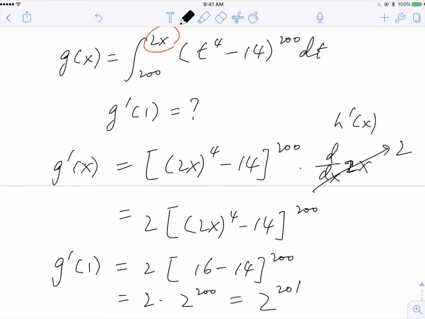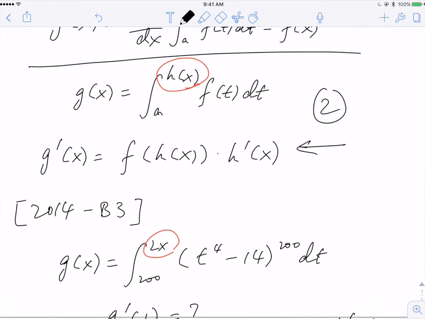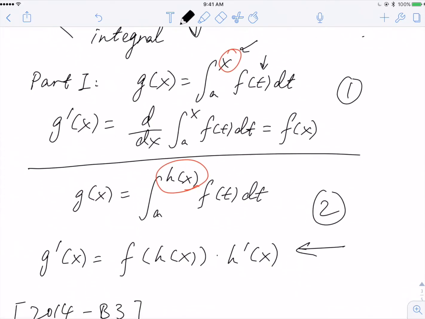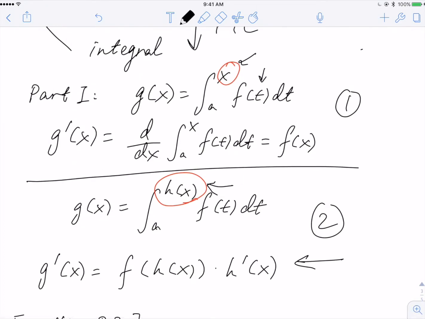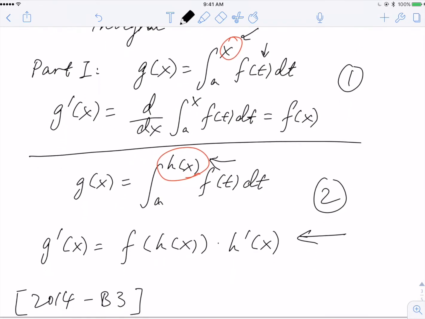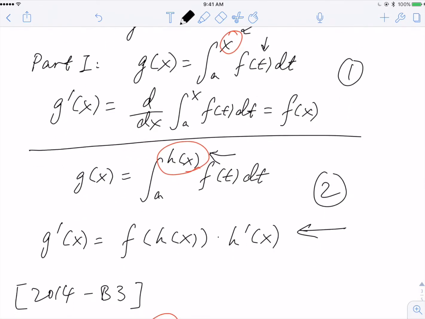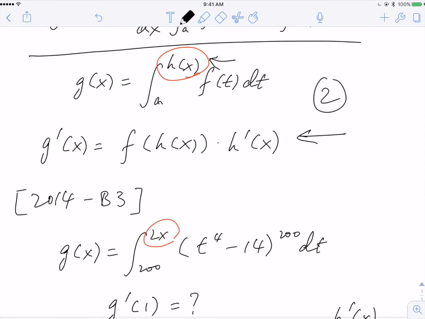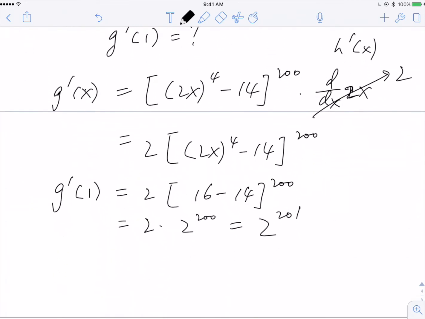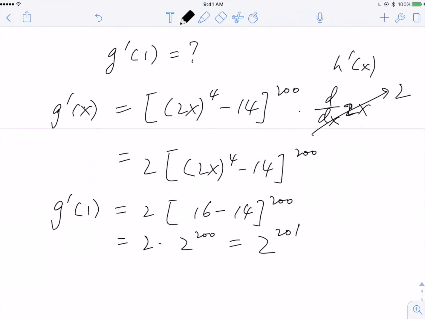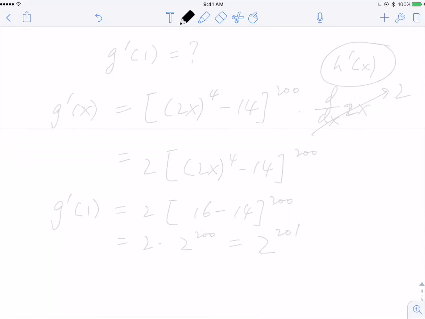So the takeaway here is that in part 1 of the fundamental theorem of calculus, the upper limit could be a composite function or just x. So you have to be careful, and if it's the second case, you need to plug in h of x, and don't forget about h prime of x right here. Let's take a look at the second part of the fundamental theorem of calculus.